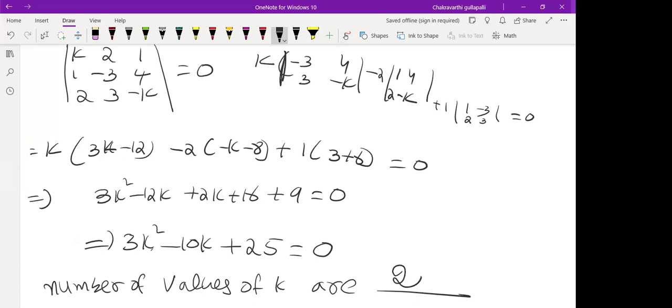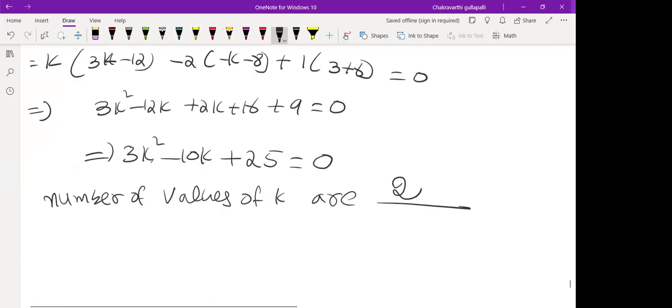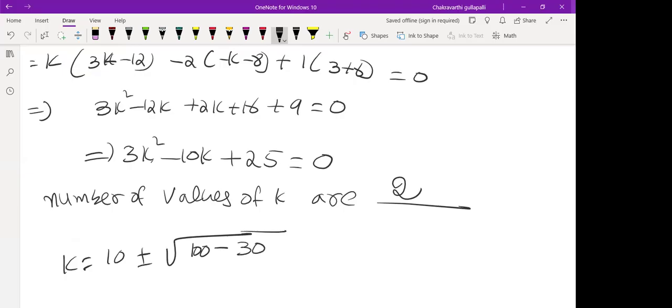How many values of K? 2 values. But what are they? How many are real? If you want that, you will have to solve it. Solving can be done using factorization or minus b plus or minus root of b square minus 4ac by 2a.